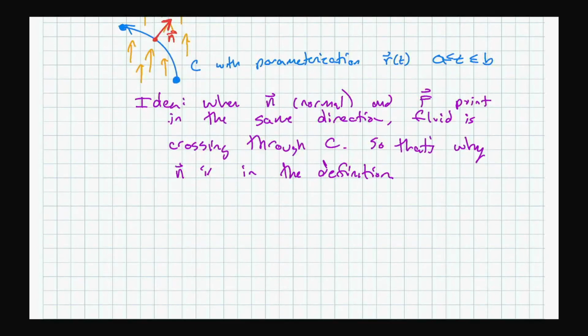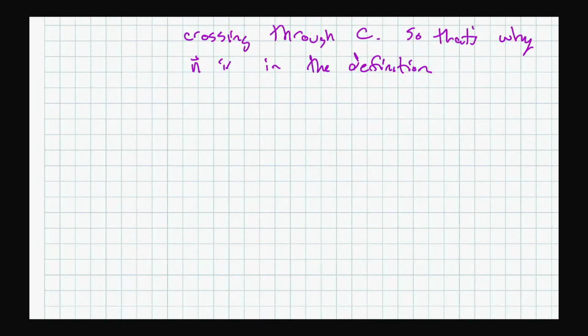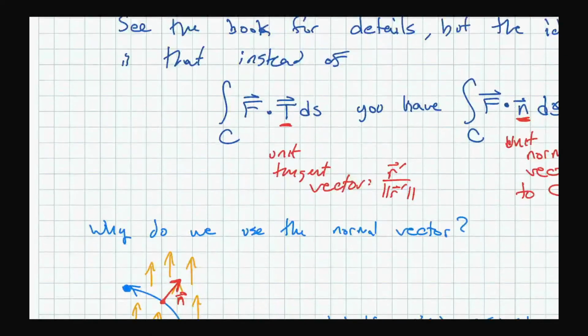Okay, so that's enough. Now, of course, we don't use that definition, just like we don't use the version with the tangent vector to calculate integrals. We're not going to use this to calculate integrals either.